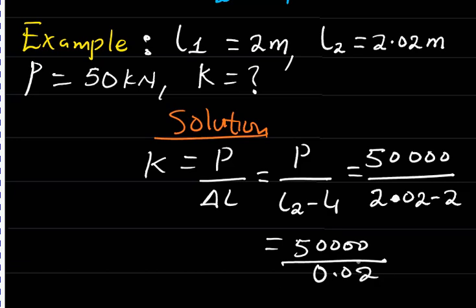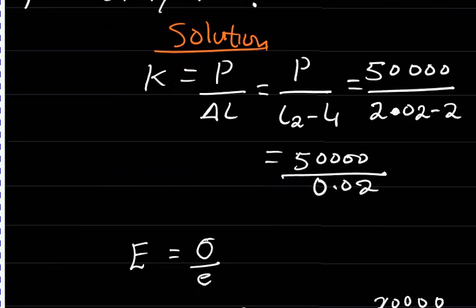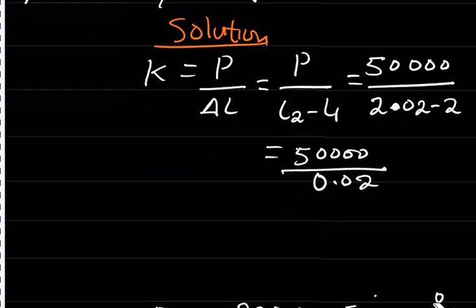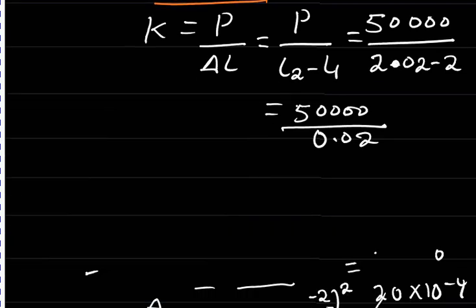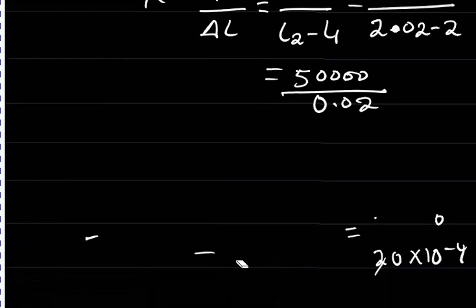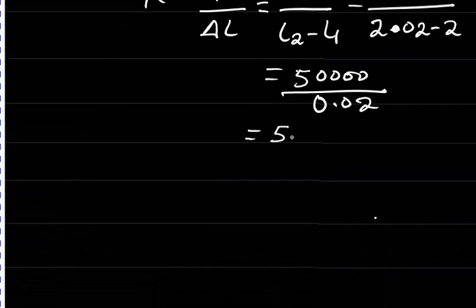If we do this, the 50,000 is 5 times 10 raised to the power of 4, and the 0.02 is 2 times 10 raised to the power of minus 2.